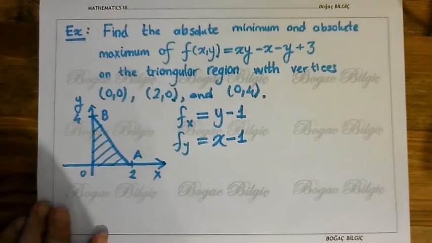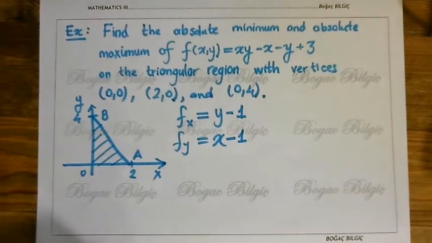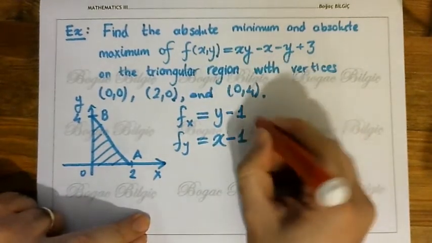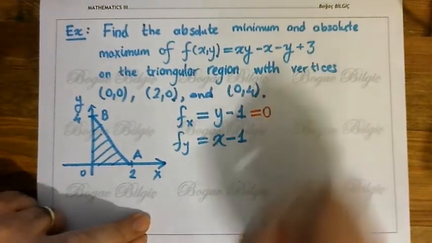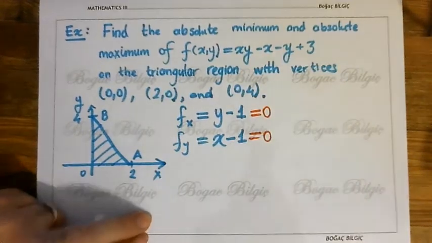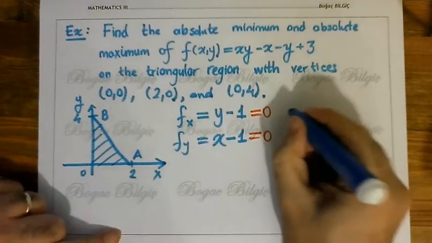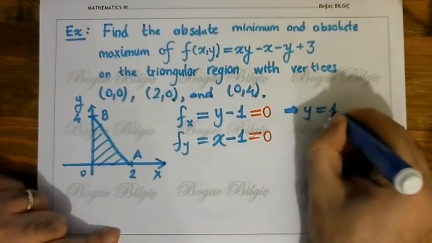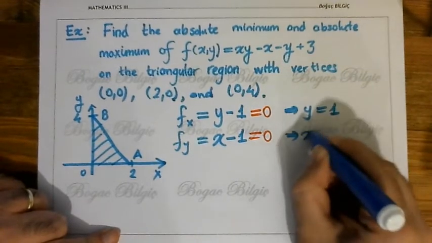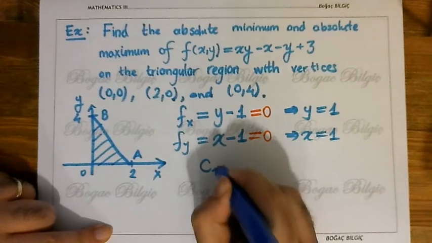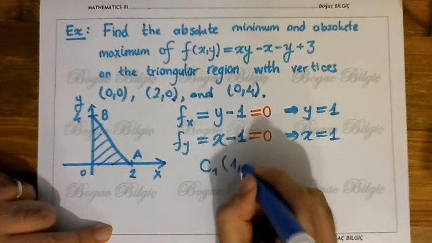If you want to calculate the critical points, we set them equal to 0. And y is 1, x is 1. C1 is the point (1, 1).